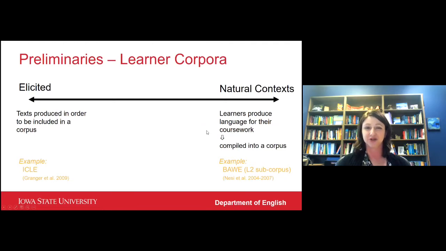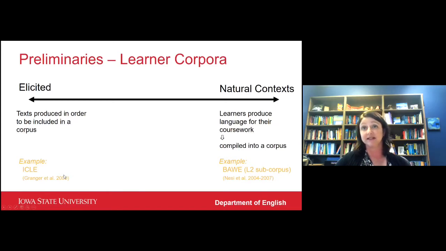So they produce these texts in their naturally occurring lives. And we compile those texts into a corpus. And so this is what I'm calling a corpus that's produced out of natural context. But because of our need to tightly control a lot of things in order to learn something about learners, learner corpora are also very often compiled out of elicited text, meaning that the texts are produced by the learner with the intent of being included in the corpus.